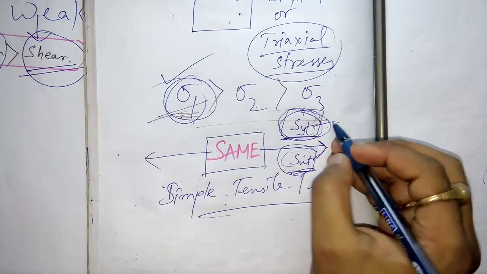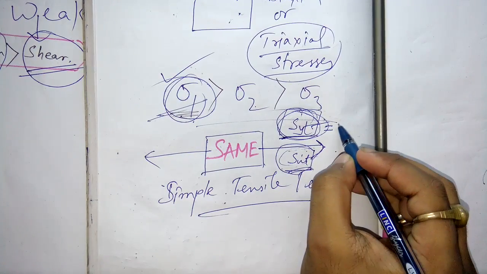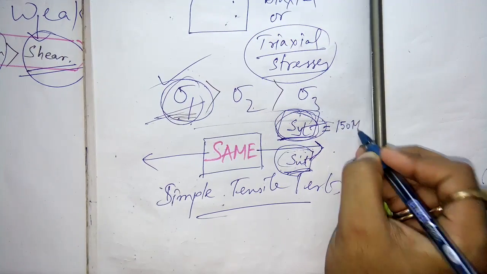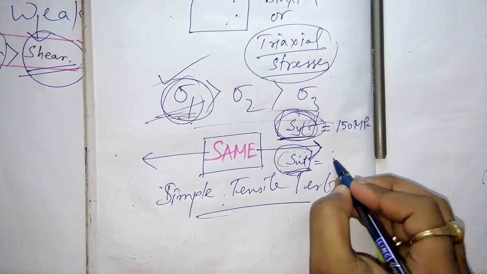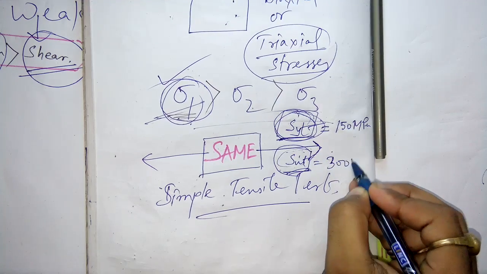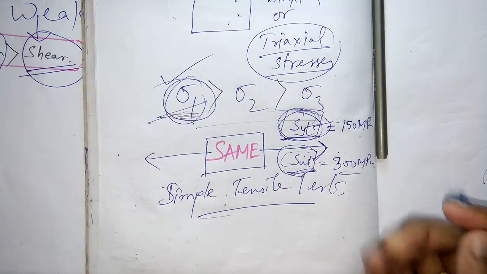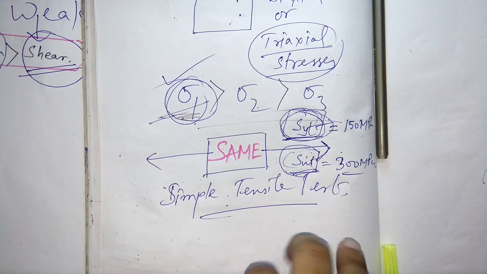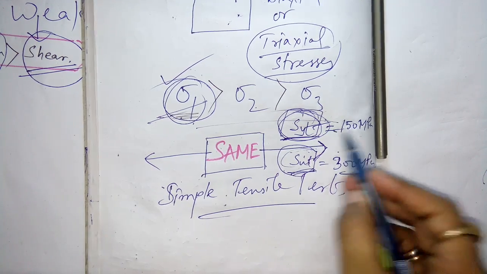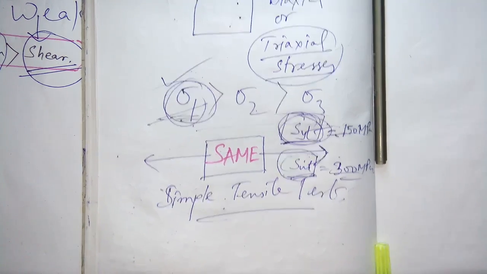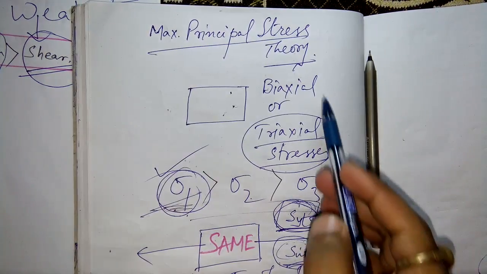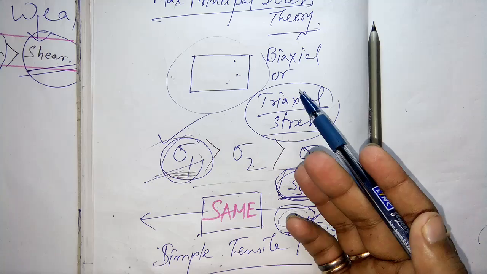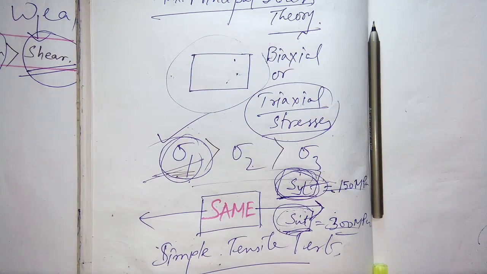Suppose, for example, you have found from the test that the value of SYT is 150 megapascal and this value is 300 megapascal. Very simple. You have applied tensile force in one direction and you have found these values. And the same material was subjected to triaxial stress in the previous condition.